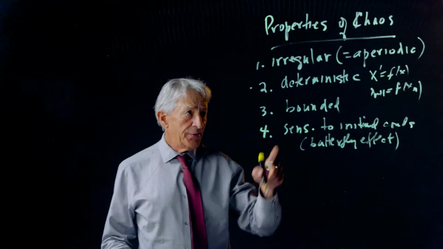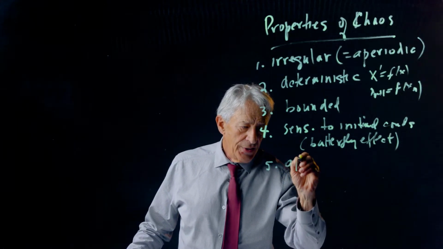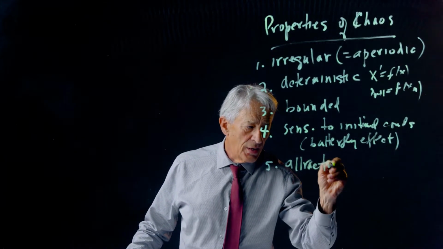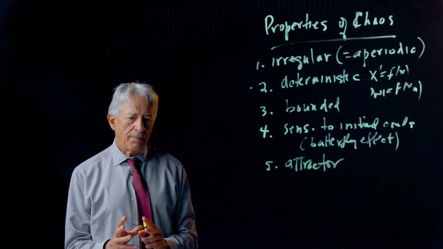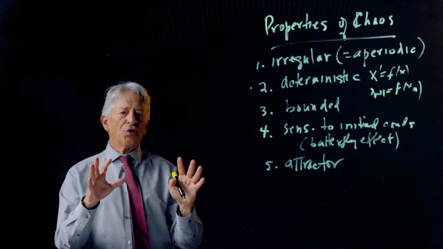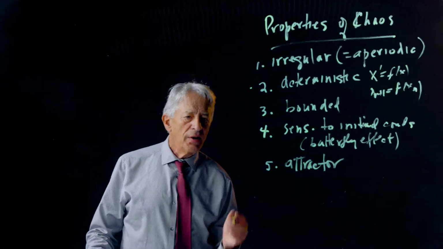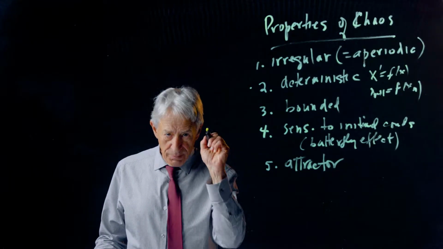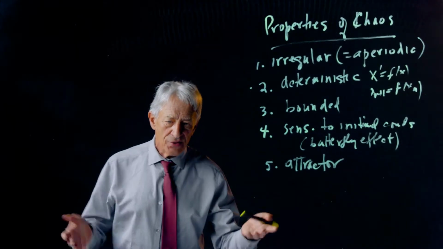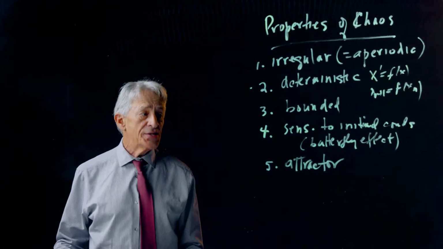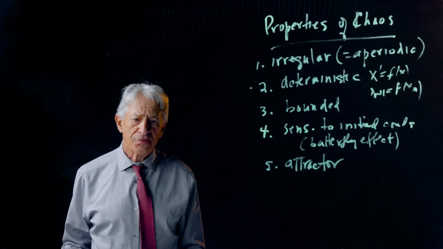We also said that chaotic behavior is, in fact, governed by attractors. These are chaotic attractors. And these are now the third kind of attractor after equilibrium point or point attractors and limit cycle attractors. The third category is now chaotic attractors.